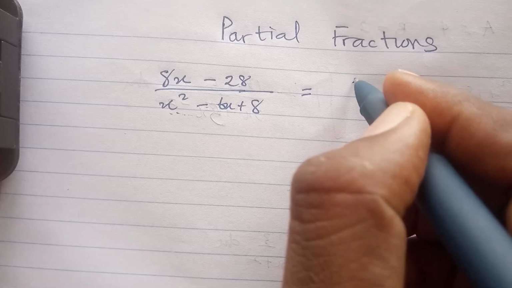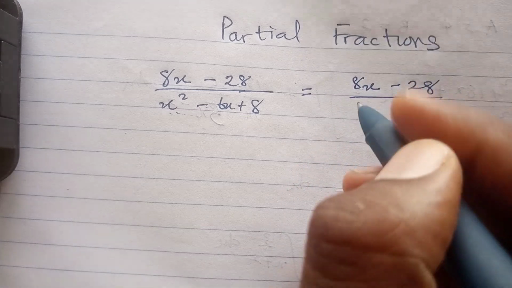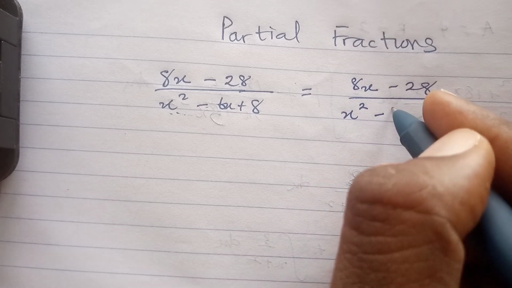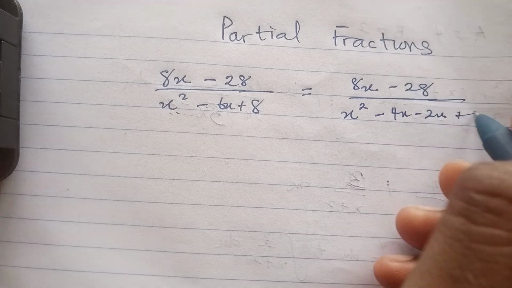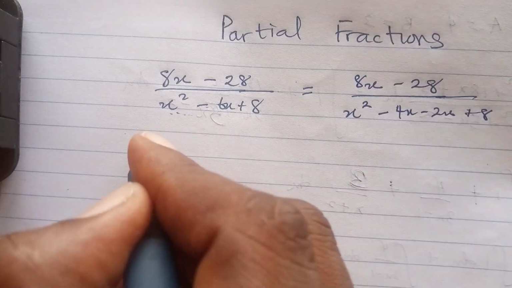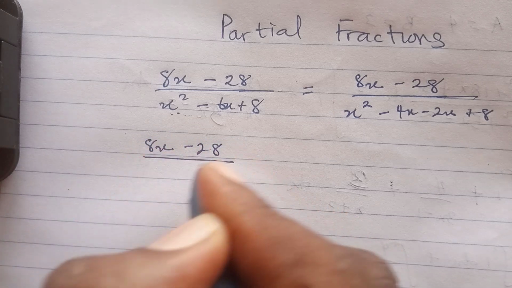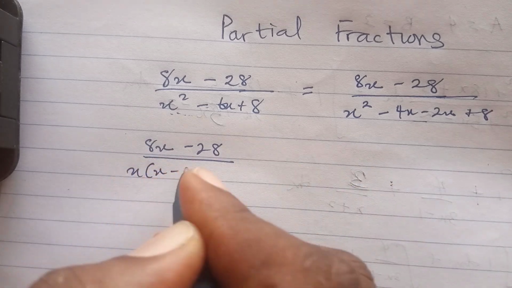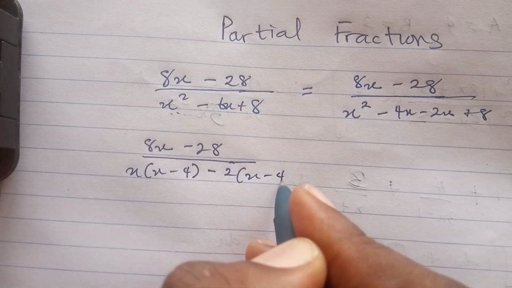So it can be expressed as 8x minus 28 all over x squared minus 4x minus 2x plus 8. So we have 8x minus 28 over x into (x minus 4) minus 2 into (x minus 4).